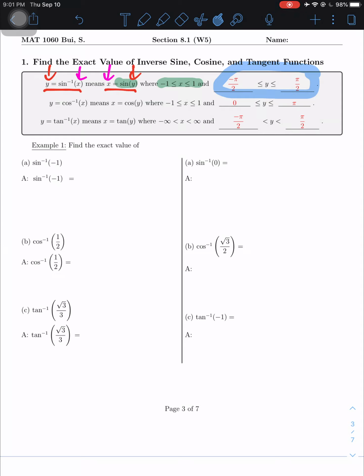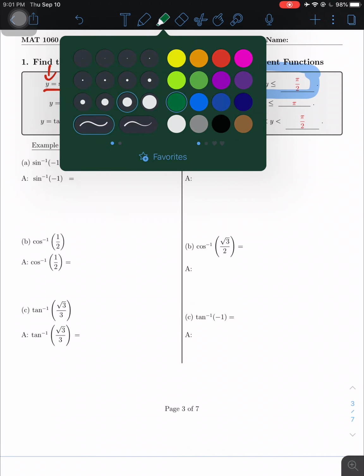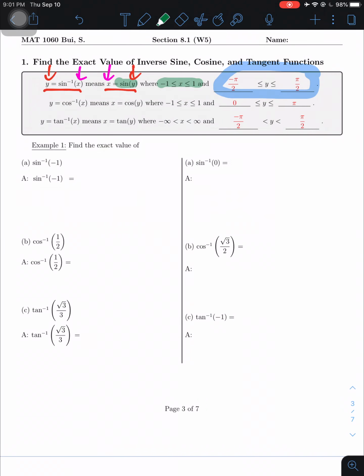Okay, with a similar logic for a cosine function based on the behavior of the graph, we will decide that the y has to be from 0 to pi. Here, let me try to highlight those out for you. And for sine and cosine, if you remember, the range must be from -1 to 1 inclusively, right?